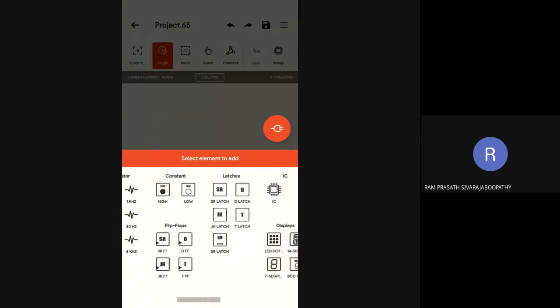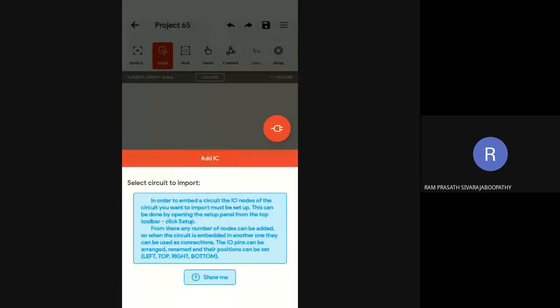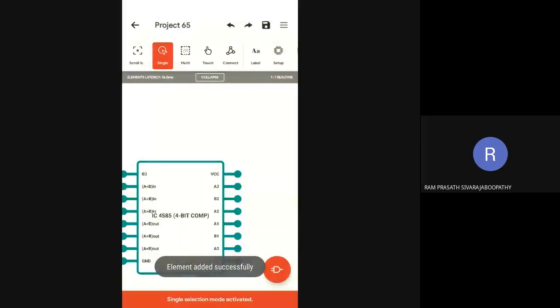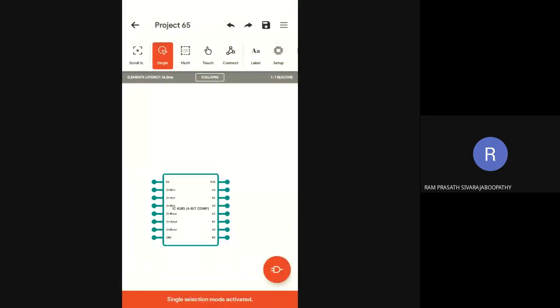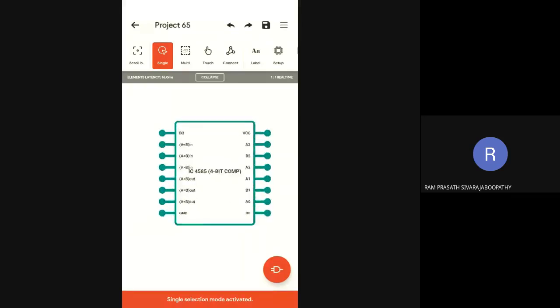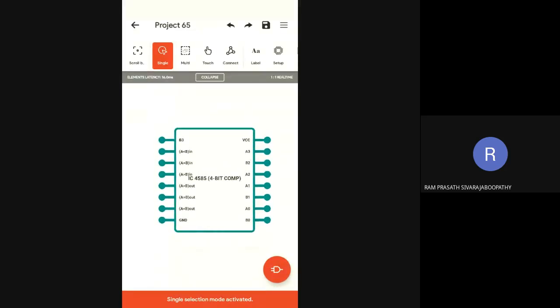I'm going to the IC section and I have taken 4585. How many bits of data can it compare? 4 bits. Okay, so I'm going to take 4 switches for input A.